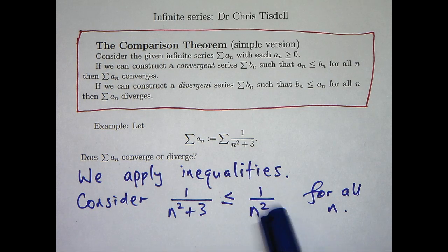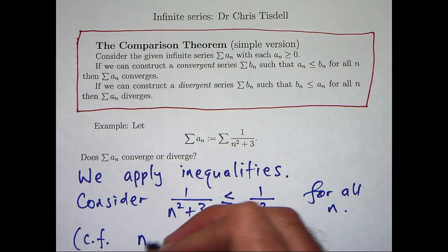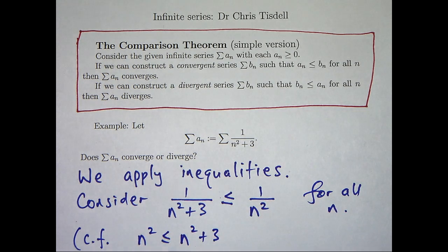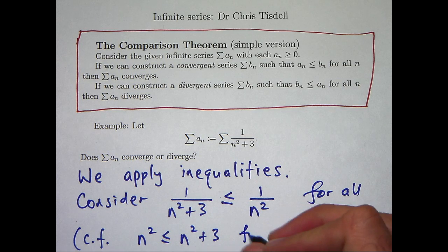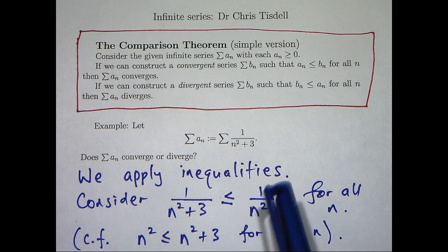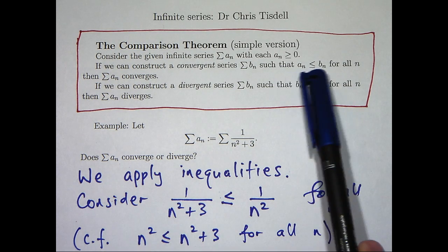Now, where did that come from? Well, it comes from the simple fact that n squared is less than or equal to n squared plus 3. So you just divide, and you have this. So we've come up with an inequality like this one here.